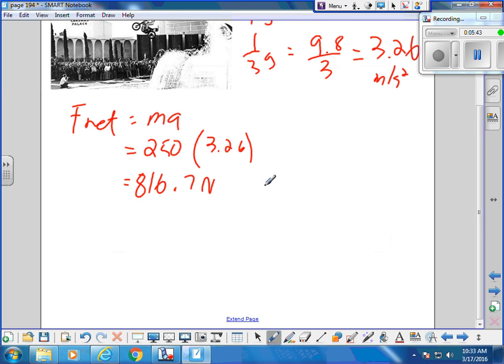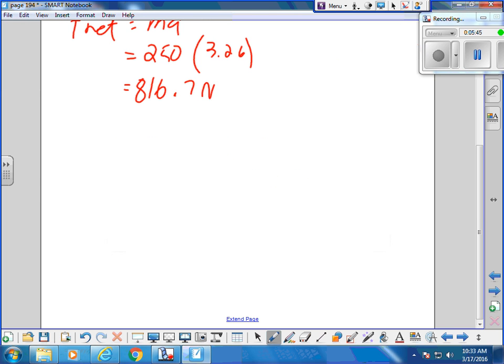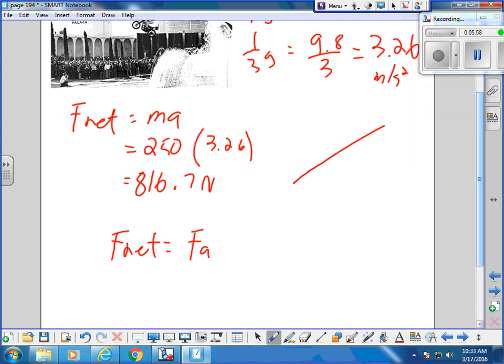Okay, so what I'm going to write now is that the net force is going to equal the applied force. Let me draw here. As he's going up the ramp, there's an applied force up, FA. Friction is down.